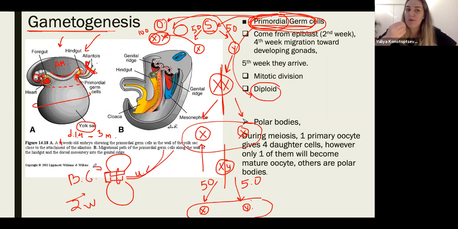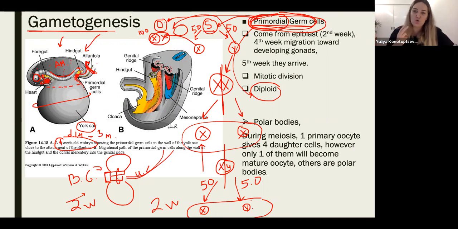So do you see how many changes are happening in just 2 weeks? During the 2nd week of development, your entire embryo is just 2 layers of cells, epiblast, hypoblast, that's it. Two weeks later, the 4-week-old embryo already has a head, a heart, a back, a front, all of these structures.